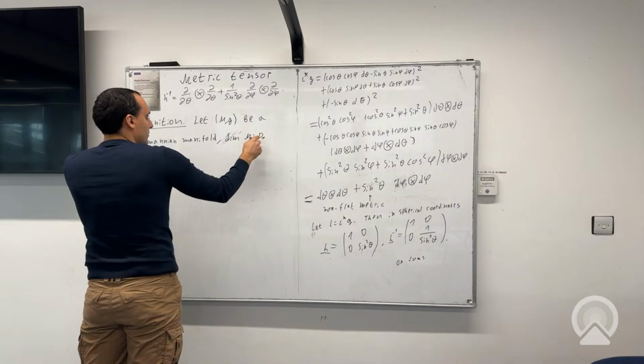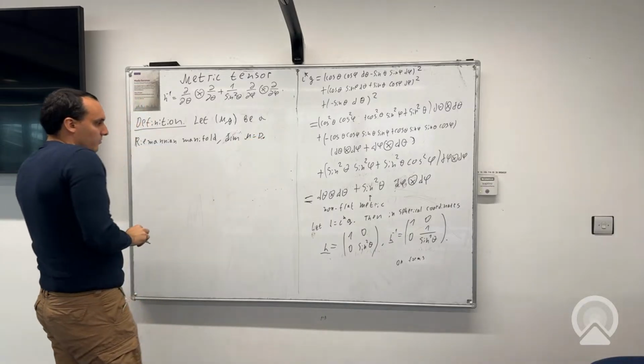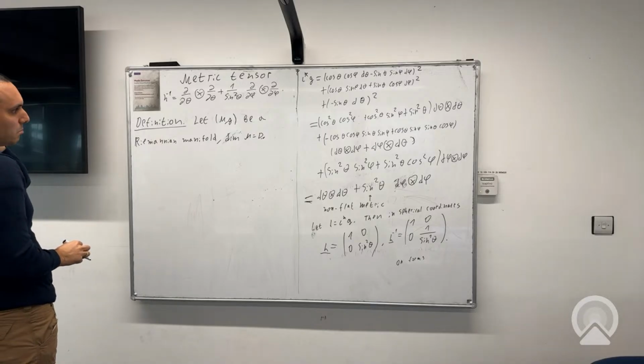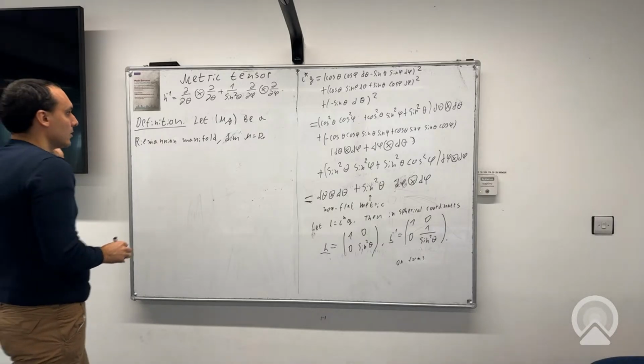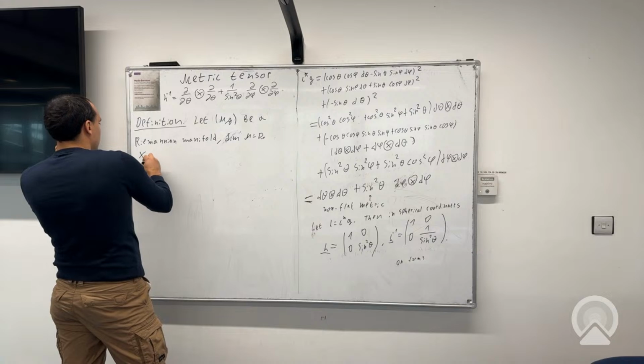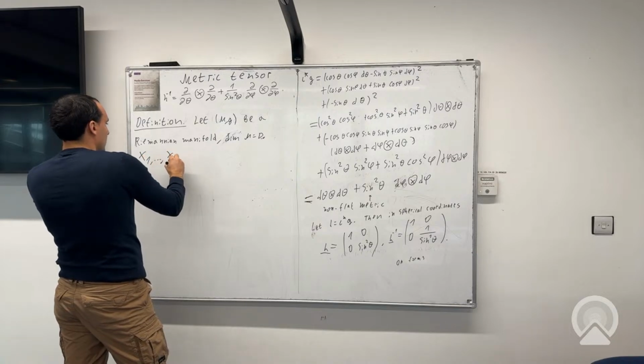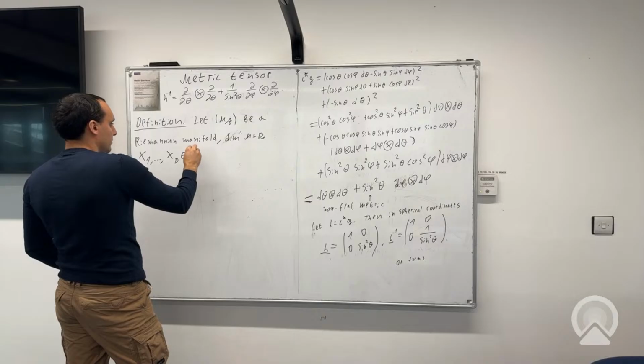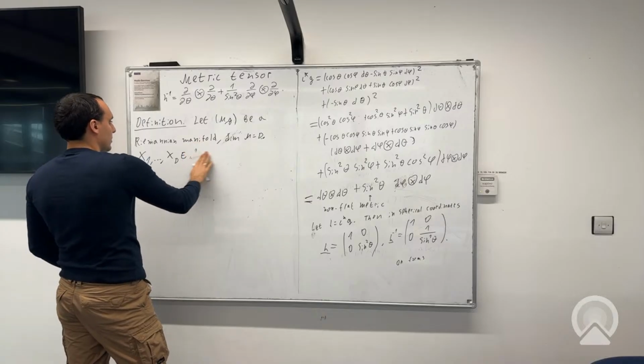And sometimes there are no global vector fields that are orthogonal, but locally there are. So consider some vector fields in X.